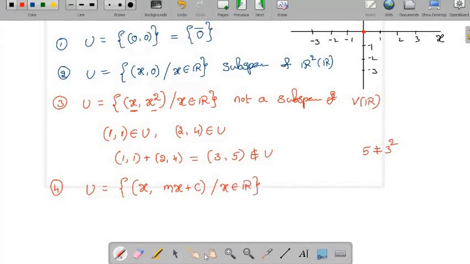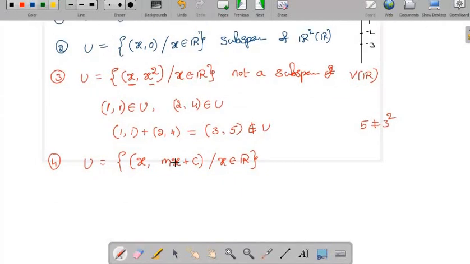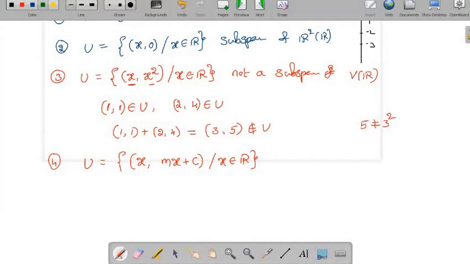But if you take a set which includes the zero element, when (0,0) is included here, what is the condition on m and c? Yeah. When c is 0, then only (0,0) is available here. Otherwise, if I plug in x equal to 0, then you'll have (0, c).